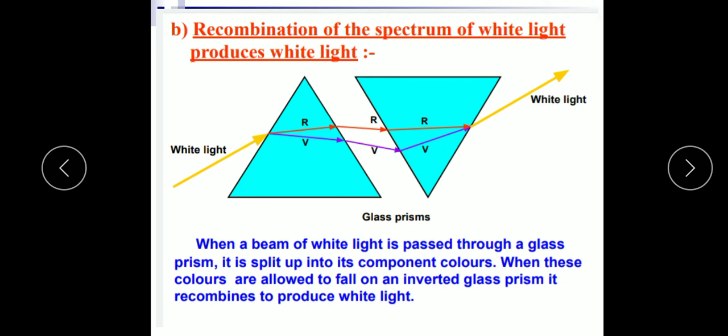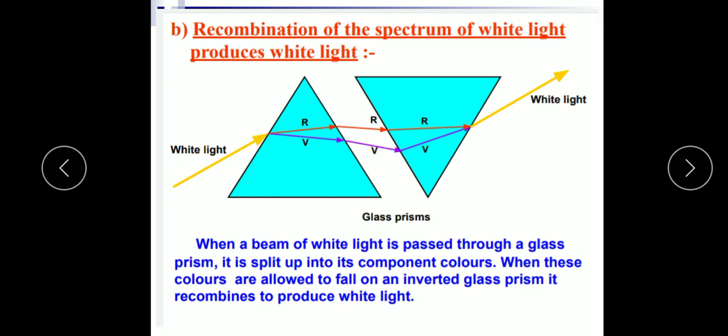The light gets dispersed when it passes through the first prism. So dispersion occurs in the first prism. The second prism receives all seven colored rays from the first prism and recombines them into the original white light.